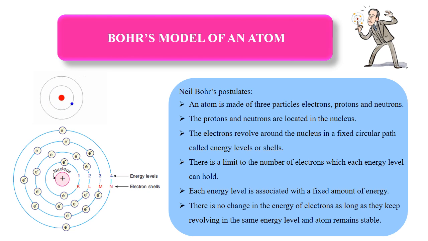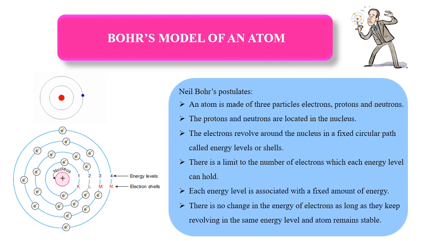The third postulate says that the electrons revolve around the nucleus in fixed circular paths called energy levels or shells. As we can see in this image as well, the electrons are moving in a fixed circular path around the nucleus. The energy levels or shells are represented in two ways, either by the numbers 1, 2, 3, 4 or by alphabets K, L, M, N. Fourthly, there is a limit to the number of electrons which each energy level can hold.